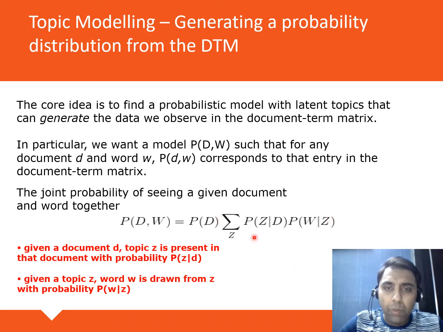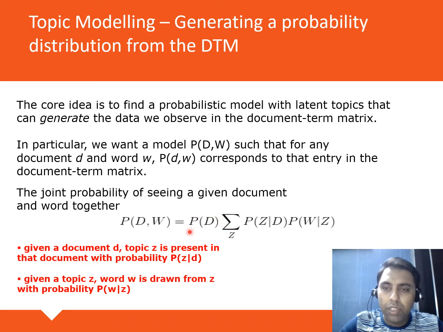By the way, W here refers to word, Z refers to topic, and D refers to document. So if you have 100 documents, then the probability of having one of them is 1 by 100, right? So it's independent of both the topic and the words. That's why it is out of this summation.